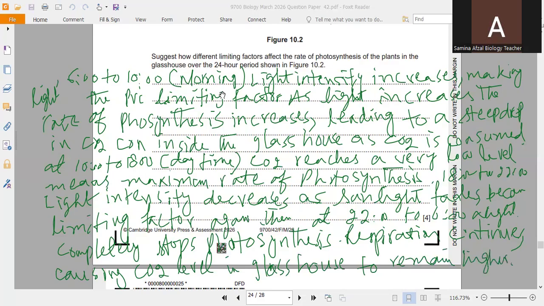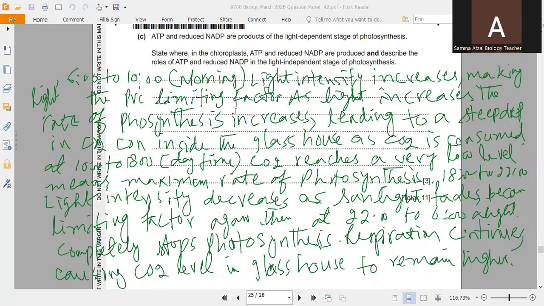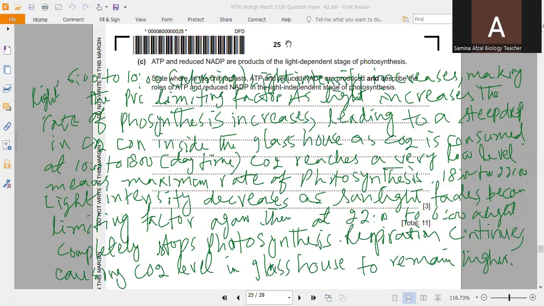So it was all about the B part. Now the last part is C.